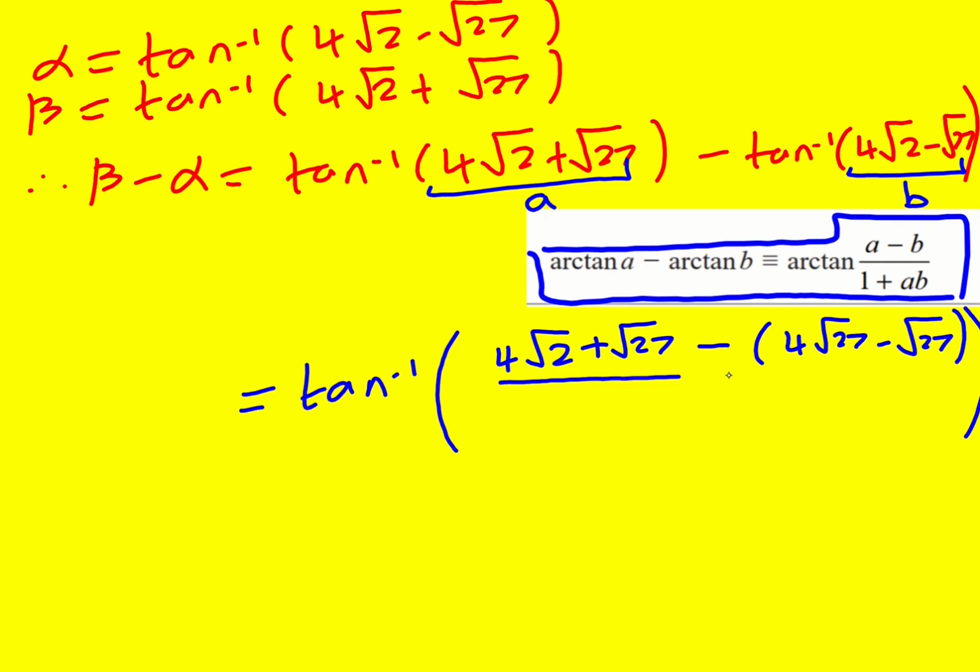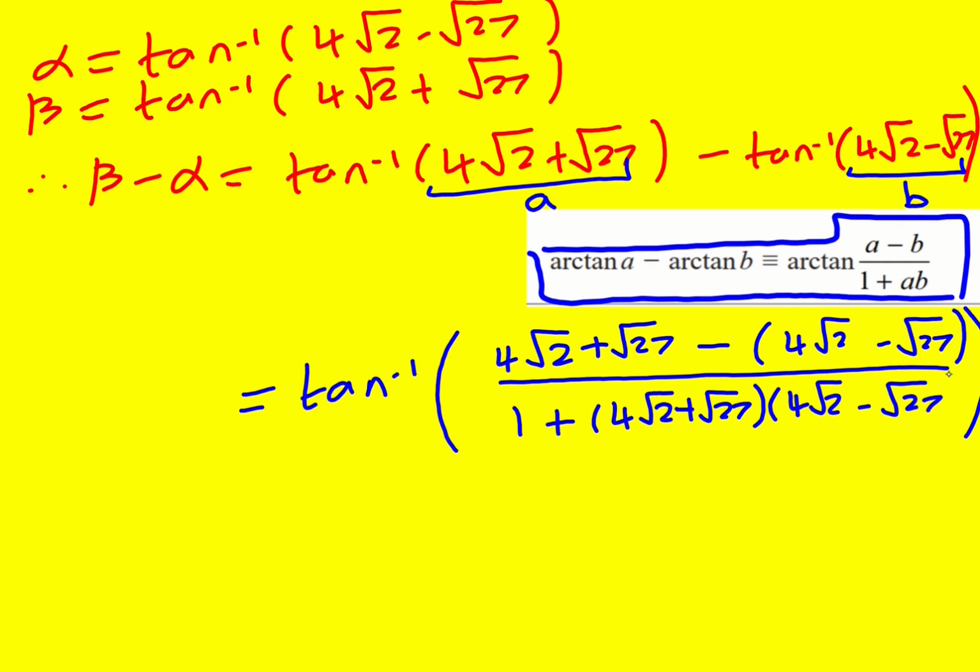Anyway, that's okay. Over 1 plus 4 root 2 plus root 27 multiplied by 4 root 2 minus root 27. Sorry, I should have put a bracket there, but fortunately I've spotted it. There we go. Now we've just got to find inverse tan of that.